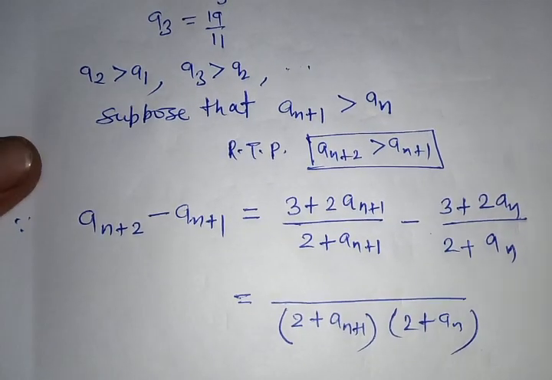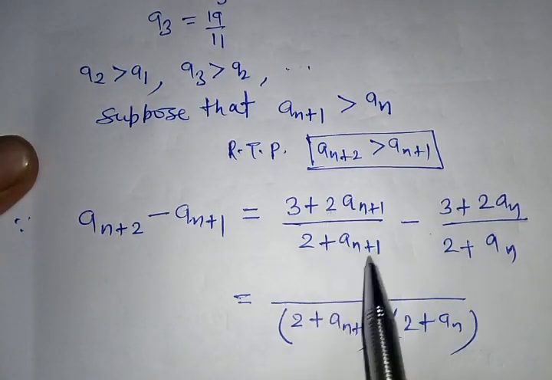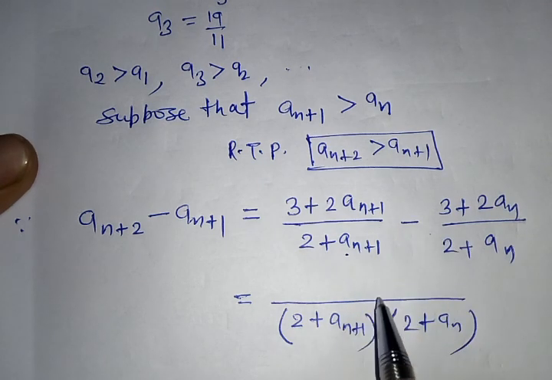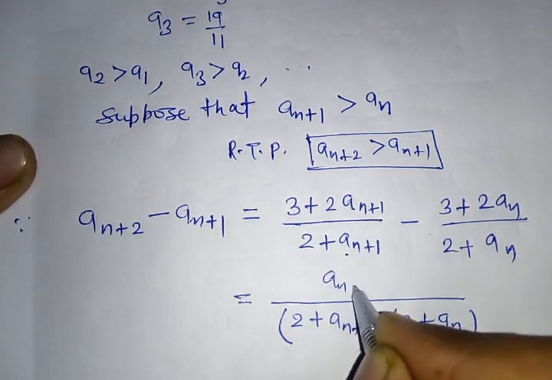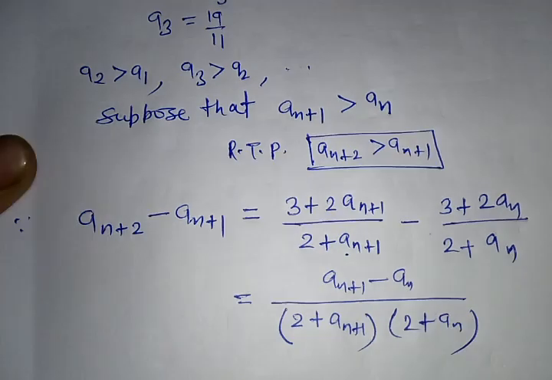We multiply this term by this and this term by this, and when we solve, we get an plus 1 minus an.